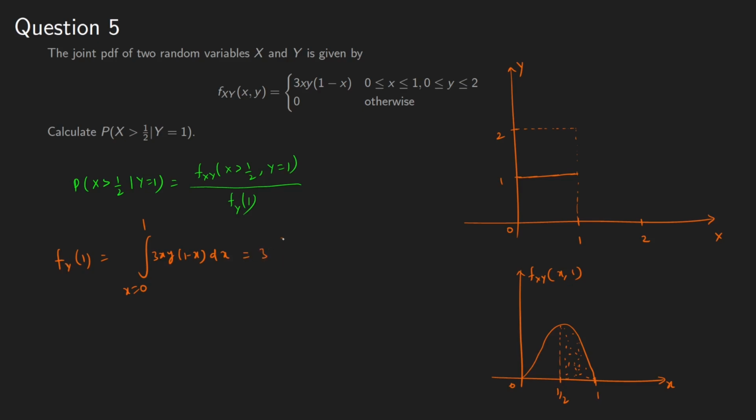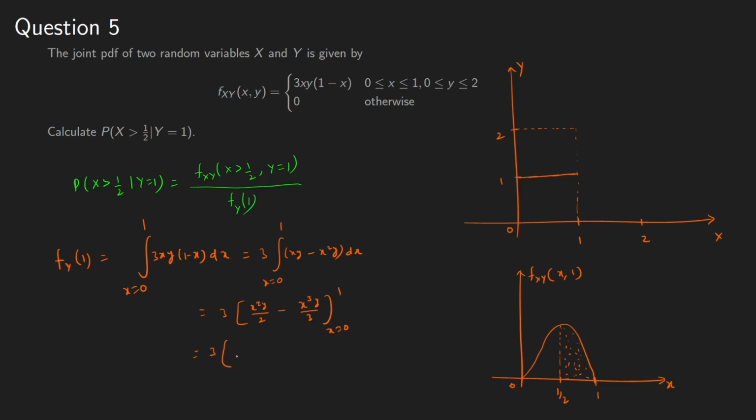So it will be x equals 0 to 1 of 3 times xy minus x squared y dx, which will be equal to 3 times x squared y by 2 minus x cube y by 3, evaluated from x equals 0 to 1.